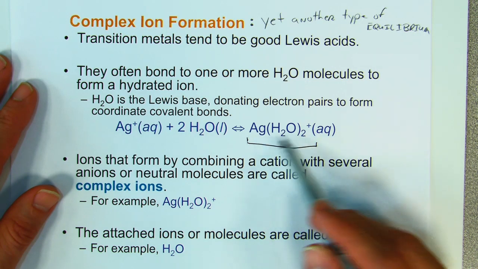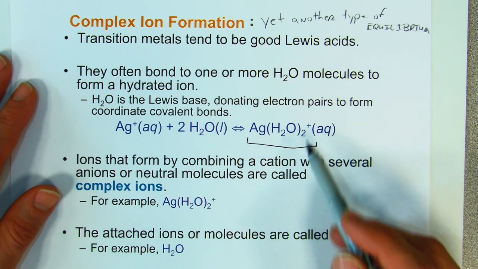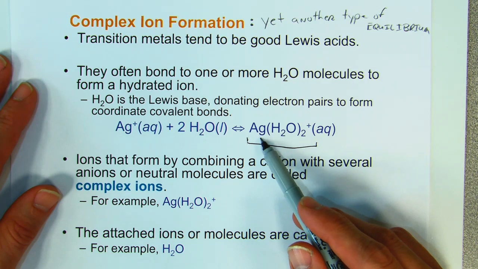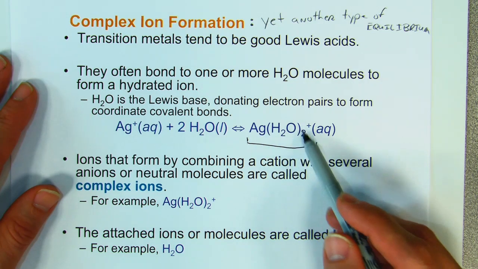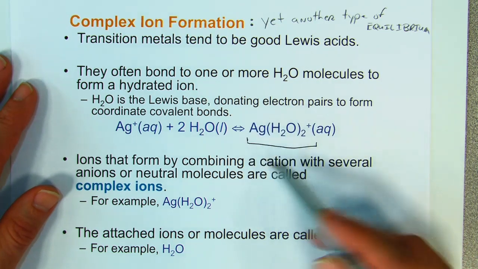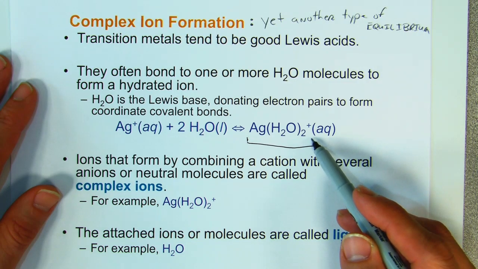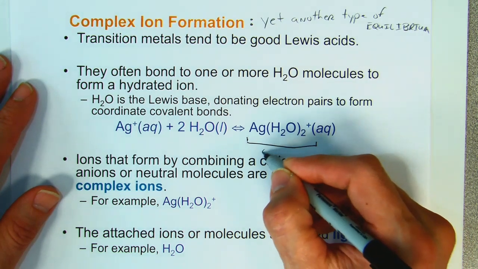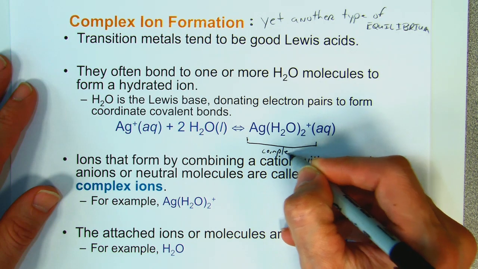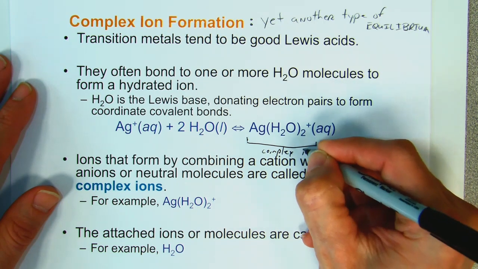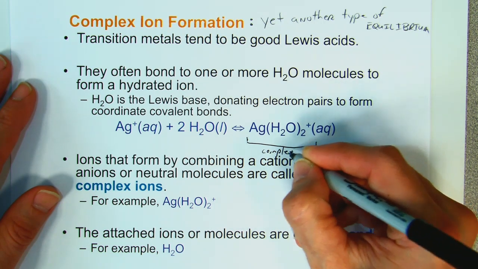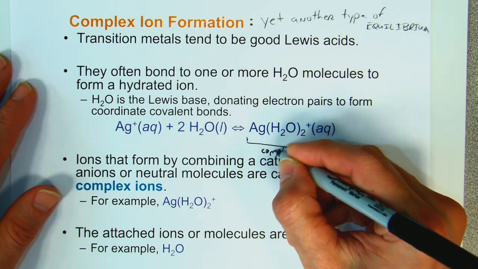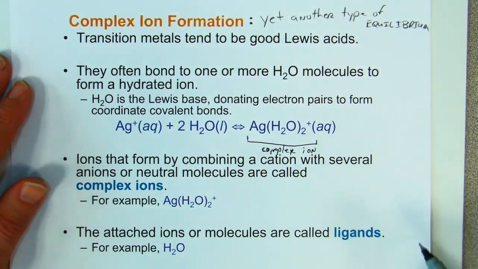And we have an ion that's charged in which the metal ion coordinates with 2 copies of water. Now this ion will just float around the beaker like any other ion would. And this is called a complex ion. Complex ion is just the generic term that we give for that type of compound.